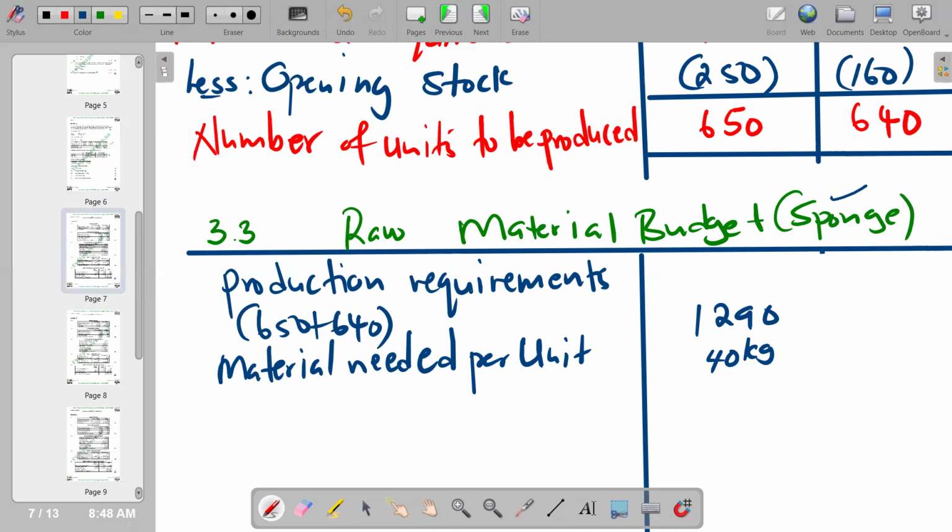Then from there, we get our production needs. For production needs, we are going to multiply the production requirement by the material needed per unit.